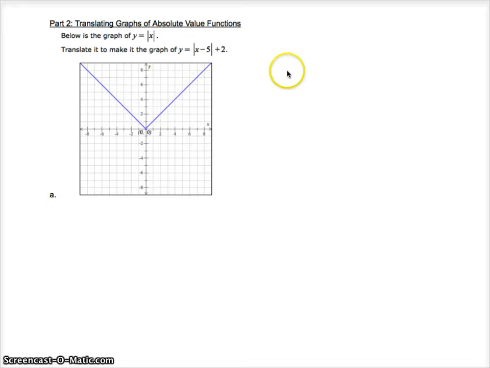So to do that, we need to first look at what the original major parent function is. So it's y equals a absolute value of x minus b, well, it's plus or minus b, plus or minus c. We'll put plus or minus.